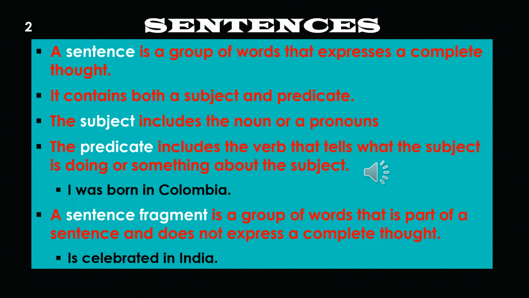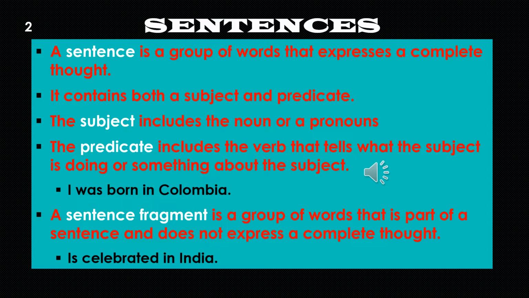So the subject can be a person, an animal, an idea, or a place, or a pronoun. Do you remember the pronouns I, you, he, she, it, we, you, they?